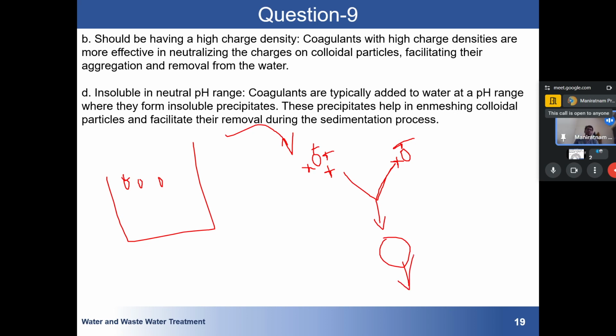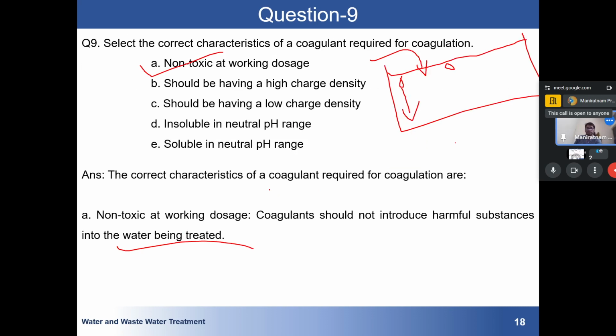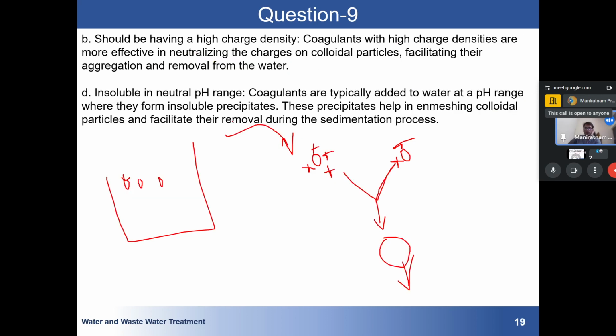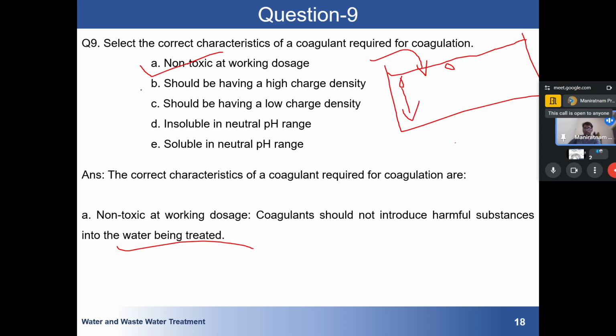So to remove the charge around these particles, we add those chemicals which have very high charge density. Should it have a low one? No, that is incorrect. It should have high charge density.